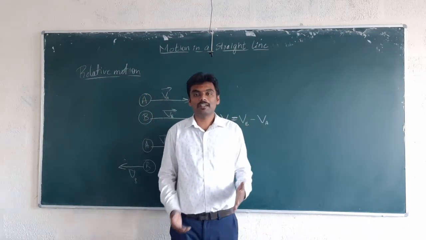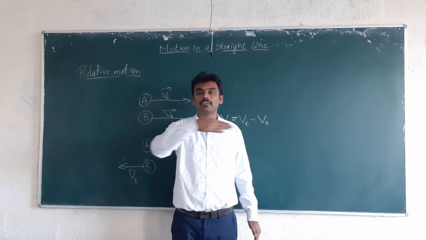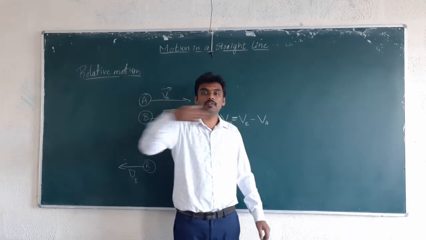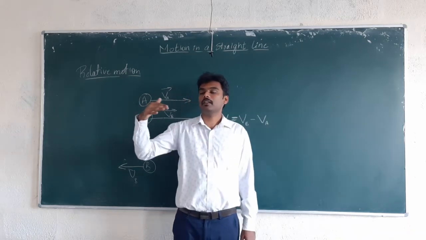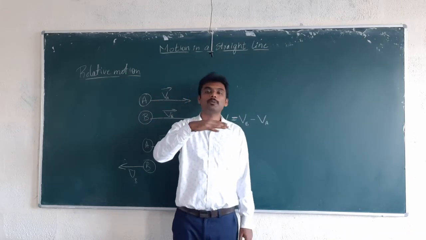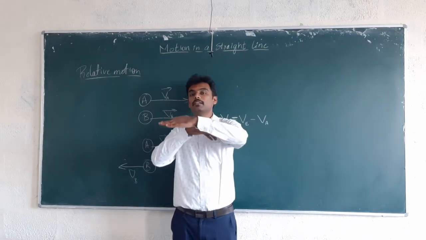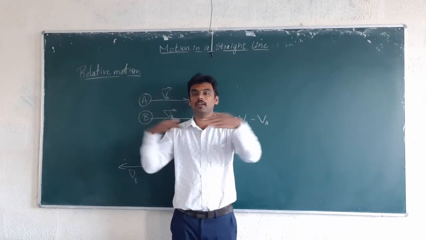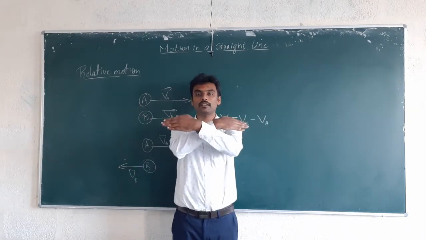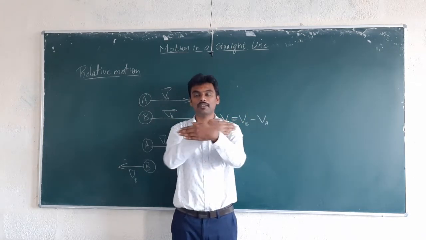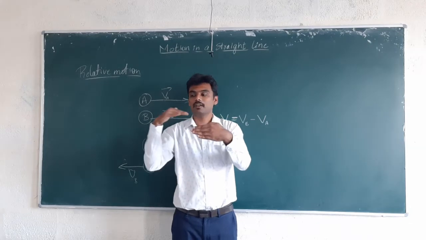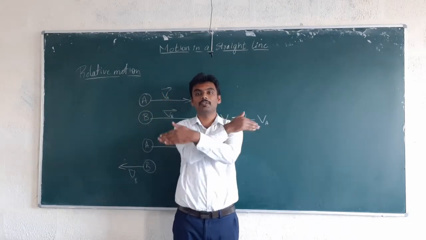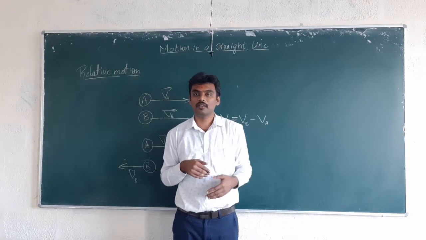For a person standing here, if I move this hand, with my eyes as the observer, then the hand is moving with certain speed, that's fine. If I move my left hand like this, even my left hand is moving with certain speed. But if I move both the hands exactly opposite to each other, then for my right hand, the left hand seems to be moving with high speed, isn't it?